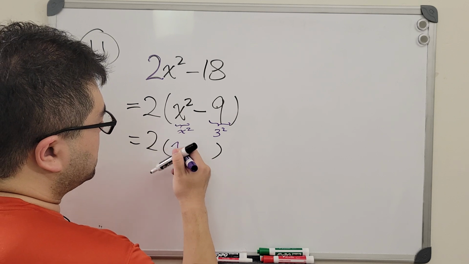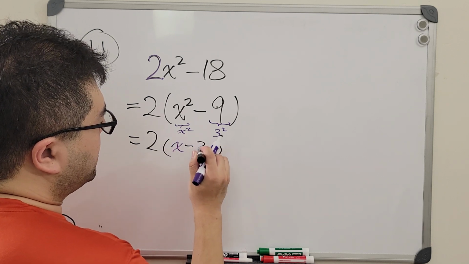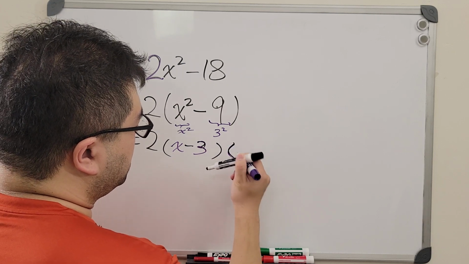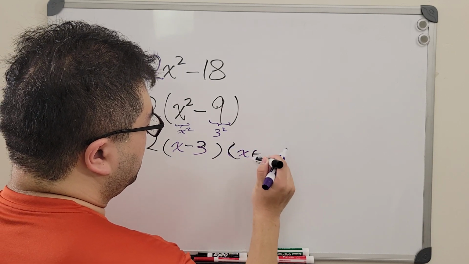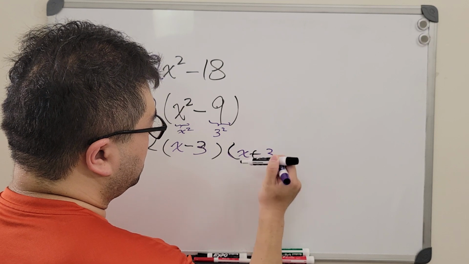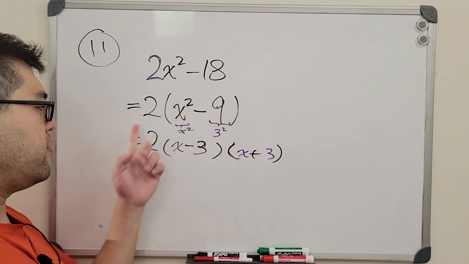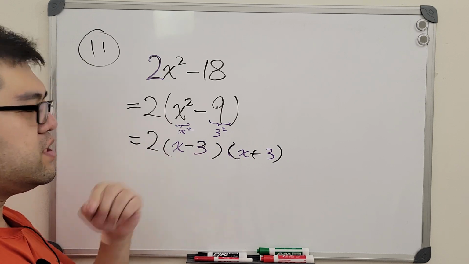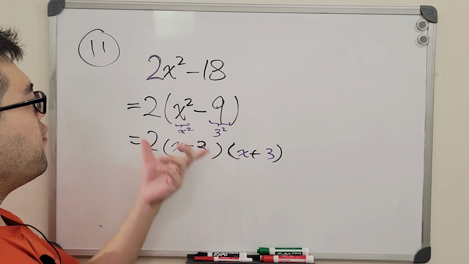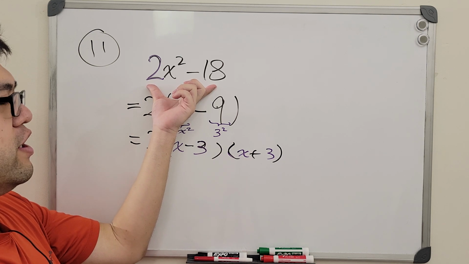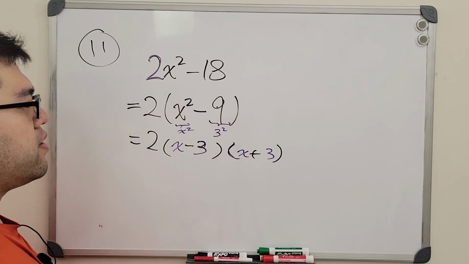We actually get x minus 3 times x plus 3. And don't forget, we still need to keep the constant, or the coefficient, out front. So this is the final answer for factoring something that does not start off as a squared minus b squared.